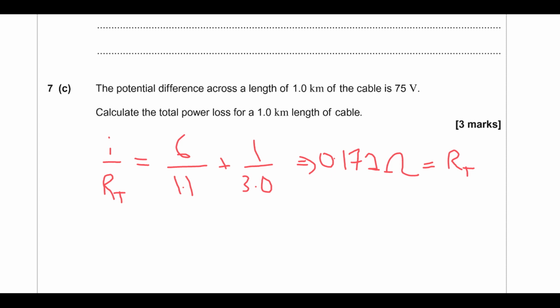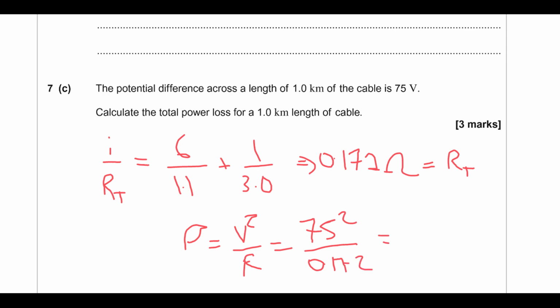So we can now use P equals V squared over R because we've got the potential difference and the resistance. So 75 squared divided by 0.172. Whoa!